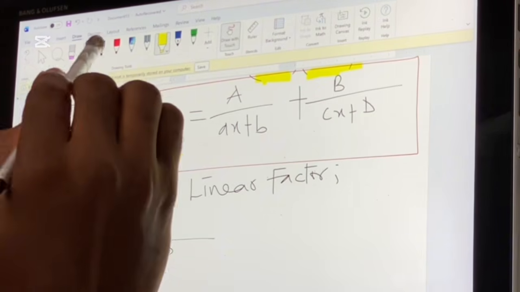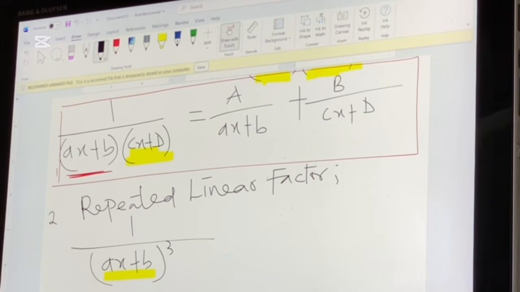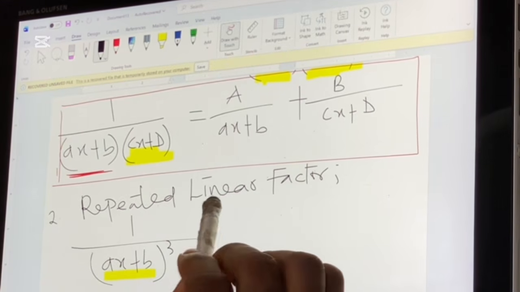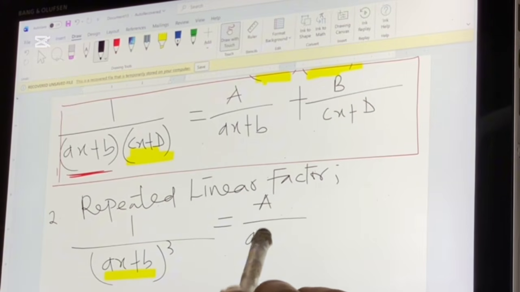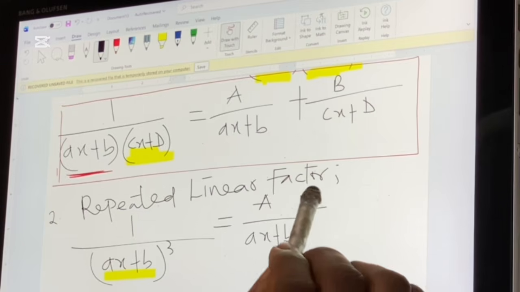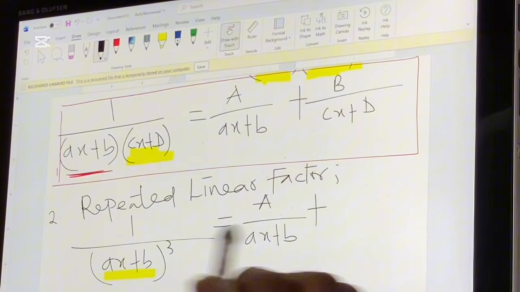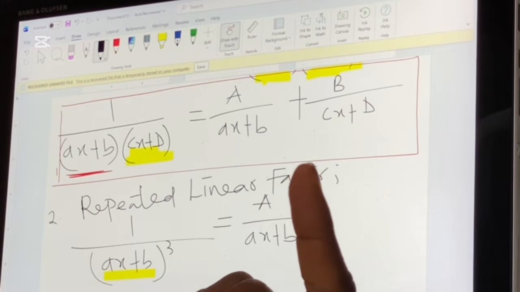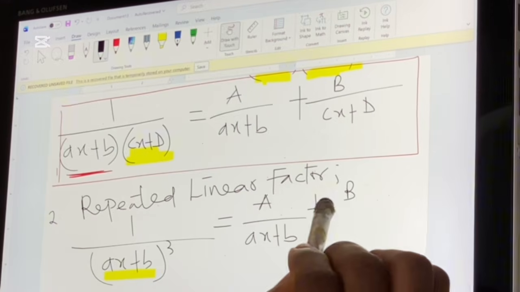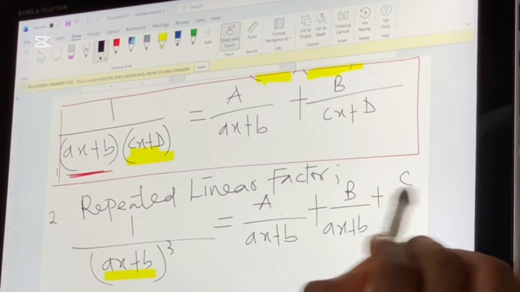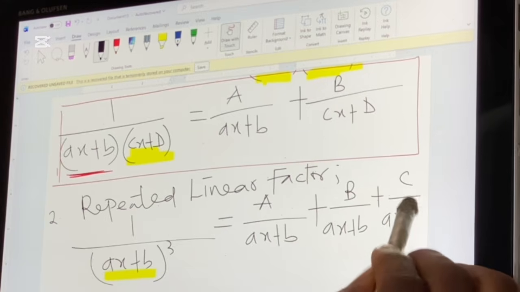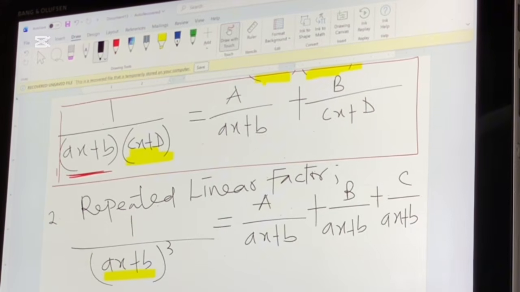For every linear factor, you assign one constant letter to it. This is going to be A over as plus b, plus, assign another one. Remember, you are going to repeat this into 3 parts. So this will be B over as plus b, plus C over as plus b. Please take note of this.